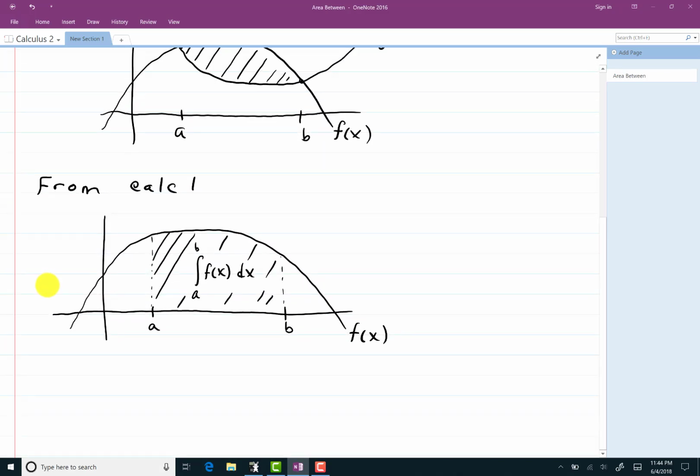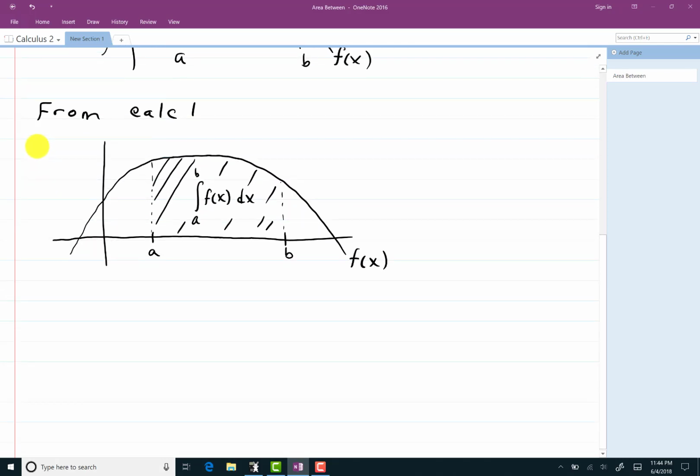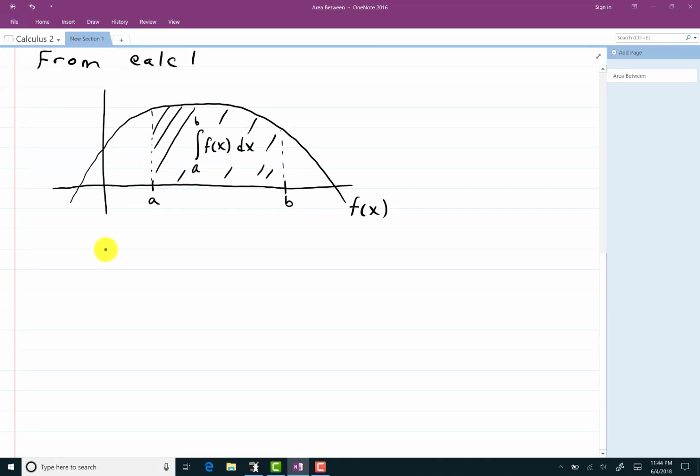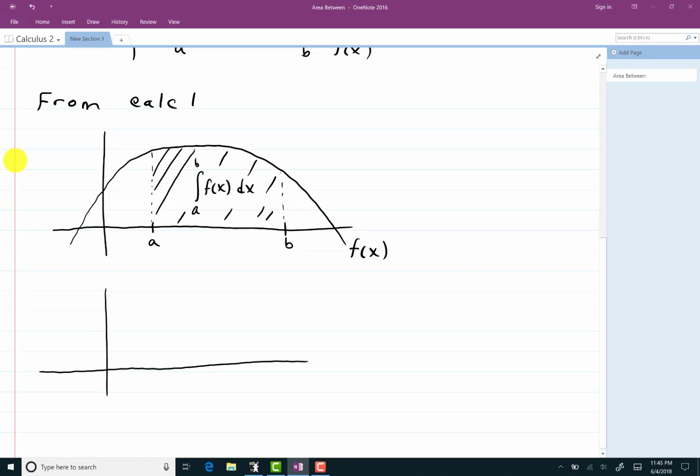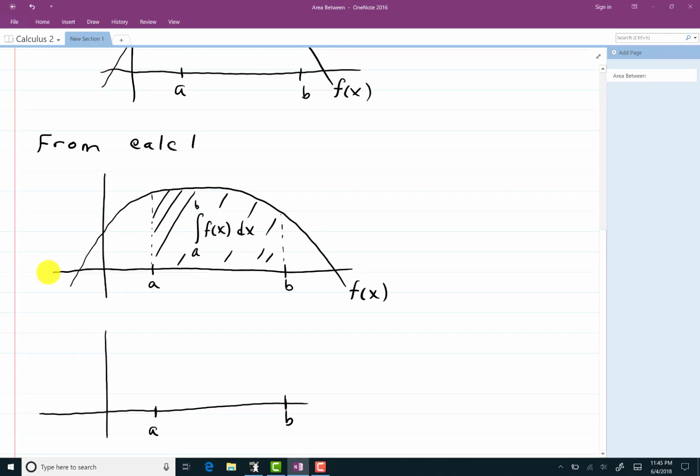Well, in the same vein, let me grab g of x and do as much the same kind of thing for g of x that I did for f of x. Let me get an idea of what g of x was. It kind of went like that. So I'll put a in the same spot, b in the same spot, grab that function again.